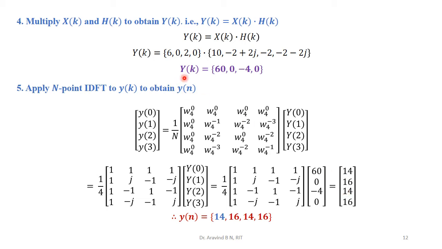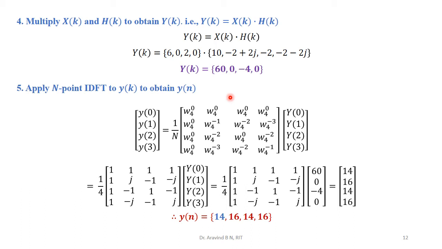So Y of k after applying IDFT gives y of n. Therefore the final answer is 14, 16, 14, 16. So this is once again in the time domain, and in the intermediary we make use of the frequency domain, that is the DFT and IDFT relations, in order to calculate. So this is the frequency domain solution.